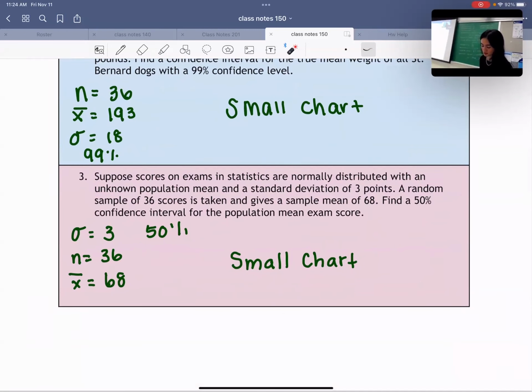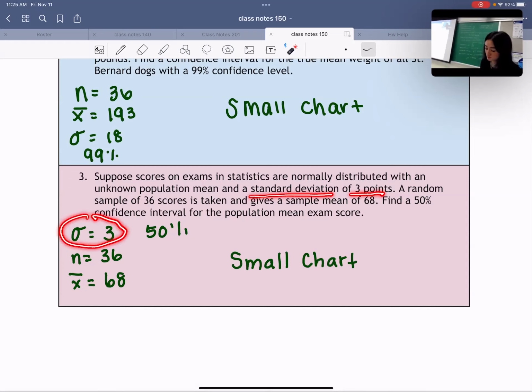This one was the exams on statistics. Who wrote up this one? Do you want to take us through your thought process here? So first, I looked and it said it had a standard deviation after it talked about the population mean, so I assumed that it was the population standard deviation.